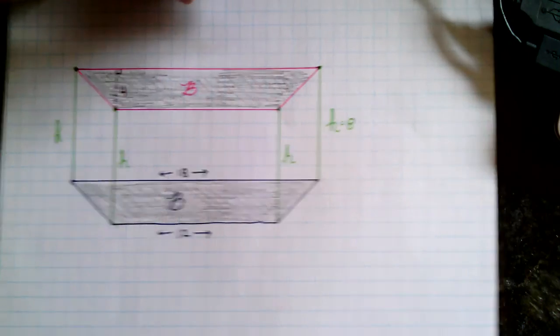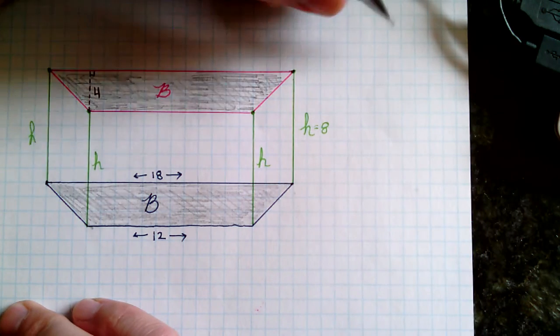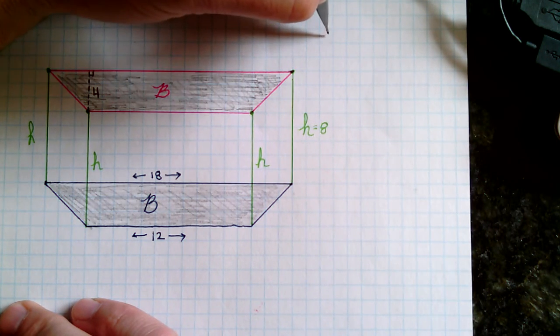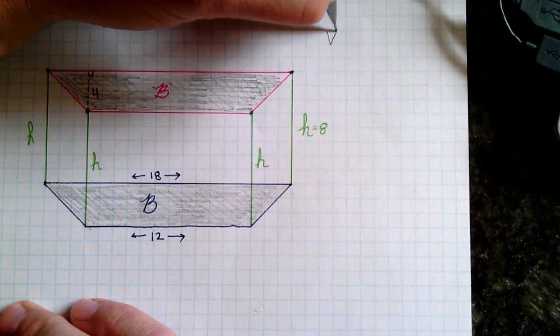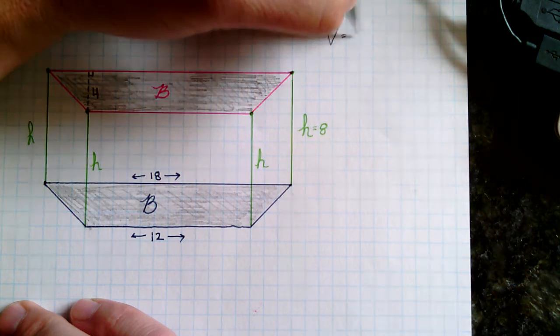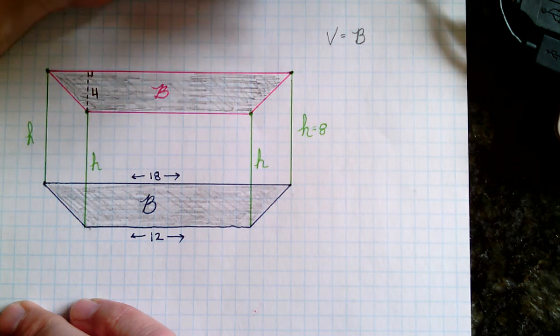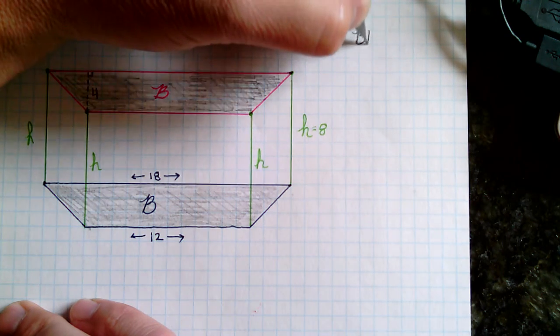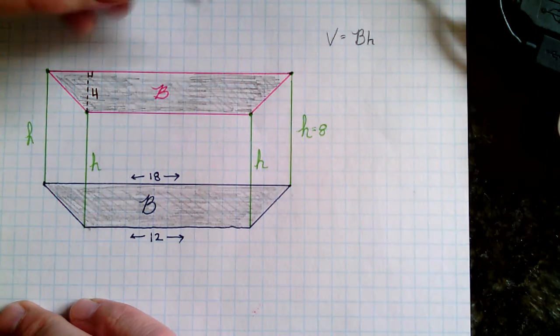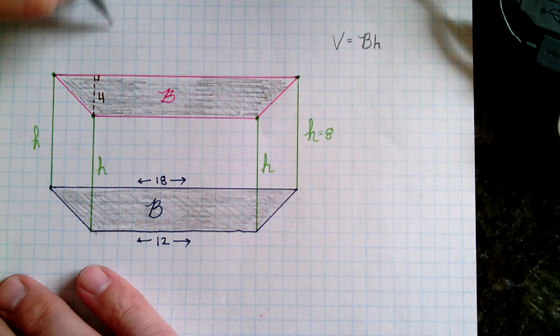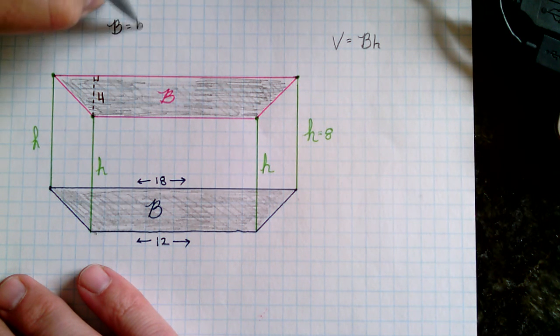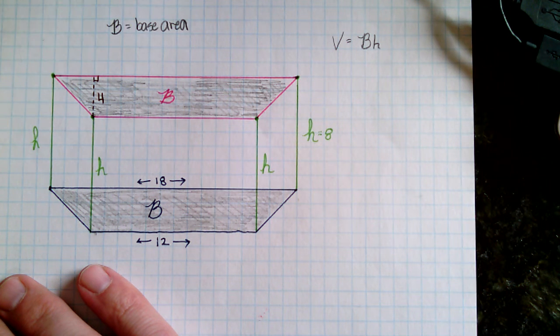The formula to find the volume of any prism is the area of the base times the height. Okay, so the key part of that is that capital letter B stands for the area of the base, or the base area.